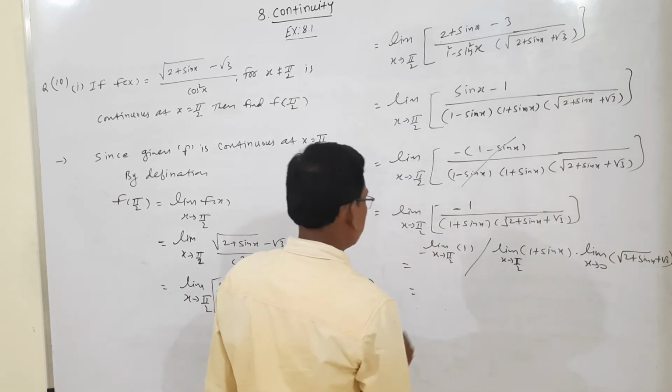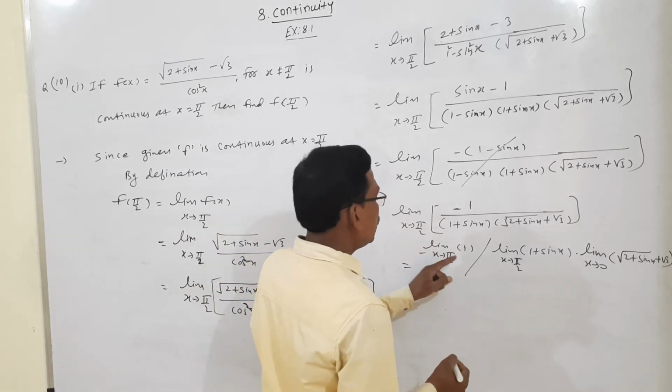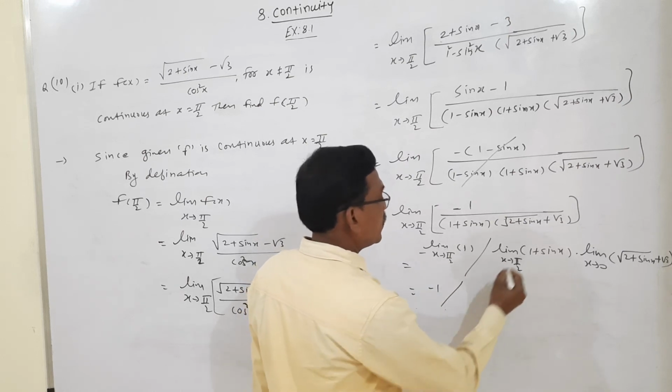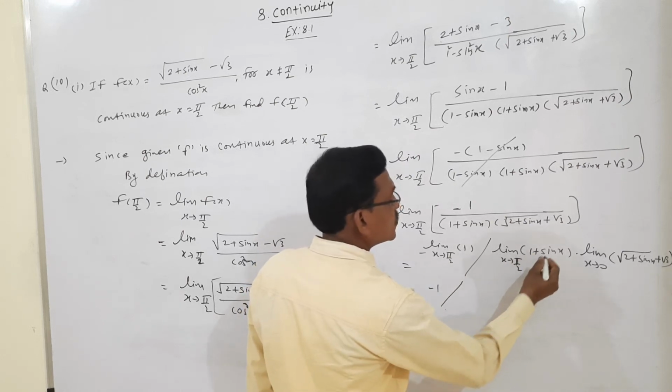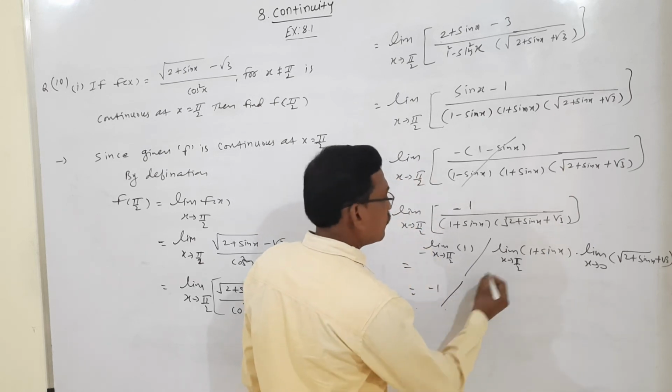So here the limit of a constant is the constant. That's why it is minus 1 divided by, here we apply the limit as x tends to pi by 2, 1 plus sin pi by 2.